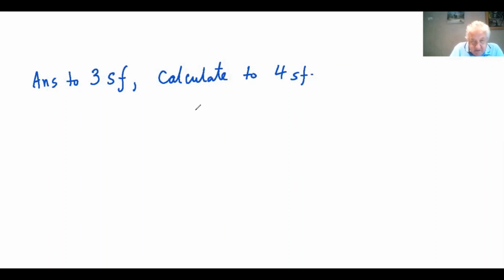So let's look at significant figures then. 3, 4, 6, 7, 8. Here we have 1, 2, 3, 4, 5 significant figures. Now let me say I want to round off my answer to 3 significant figures. This becomes 34.7.